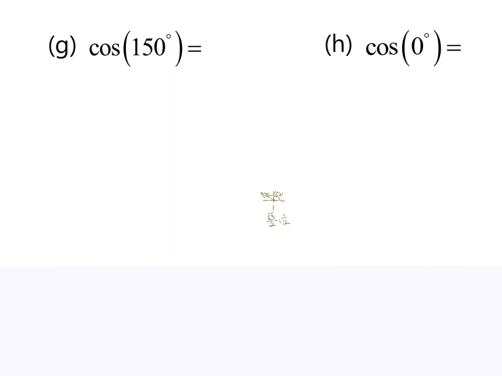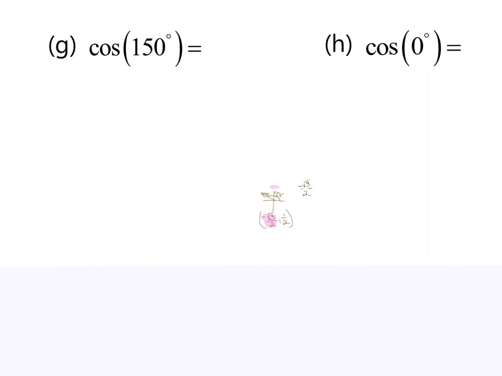And because we're in the second quadrant, my x value needs to be negative. Now we're talking about cosine, which is the x value, so that negative really does matter here, okay? So my cosine of 150 is negative square root of 3 over 2. If you didn't have that negative in there, it would be wrong.